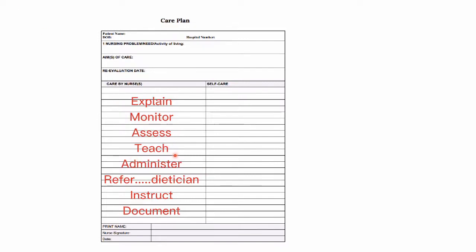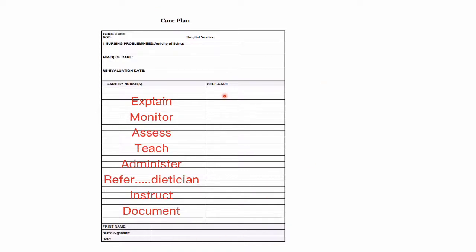Administer prescribed medication, assess for effectiveness and side effects. The next one, refer patients to the diabetic nurse or community health nurse. Then instruct on the use of the call bell and document all care as planned. That is it. Sign your names, sign and date.